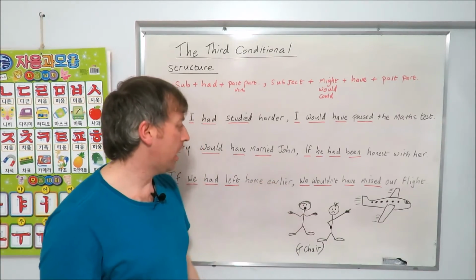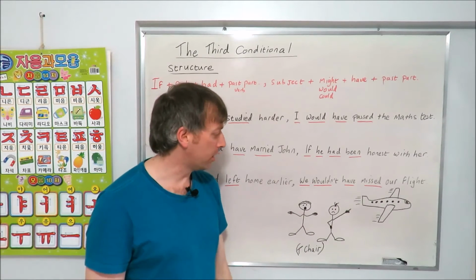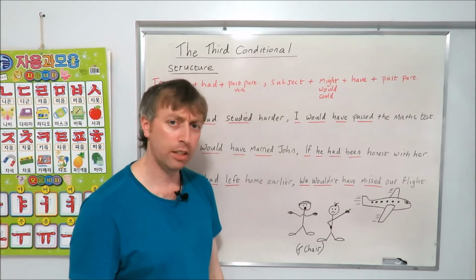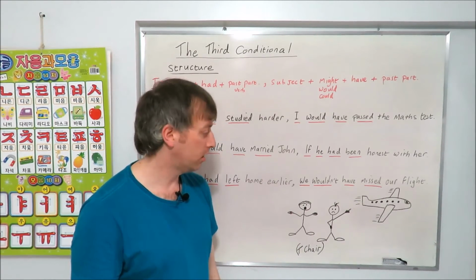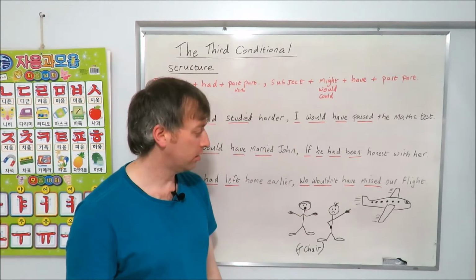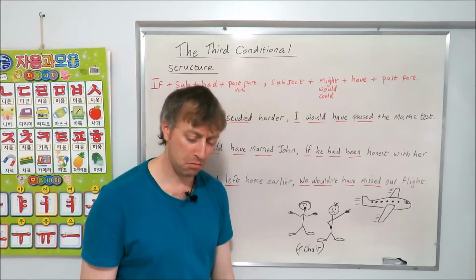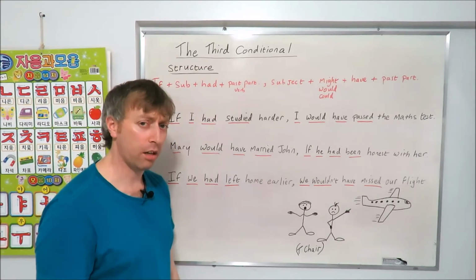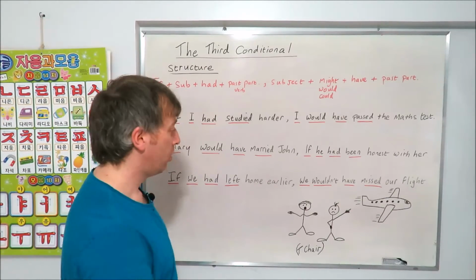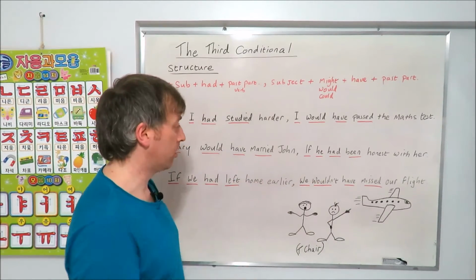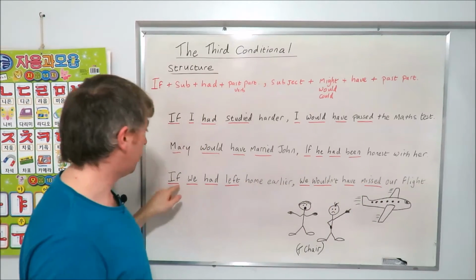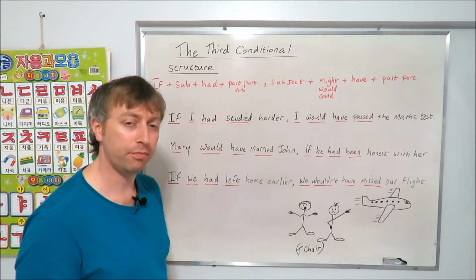That is very bad. You're letting the side down, man. You're letting the British people down. I'm very disappointed in him. I'm disappointed, man. You upset me. Anyhow, we can also change this clause. We wouldn't have missed our flight if we had left home earlier.